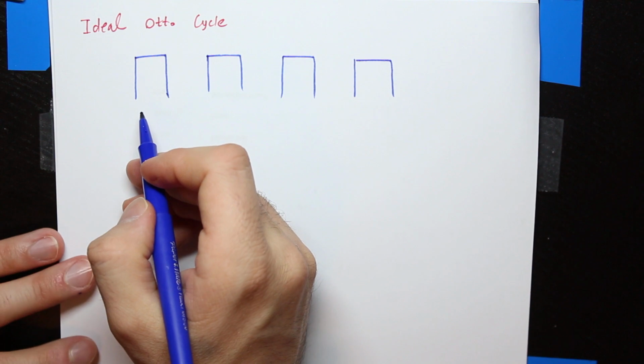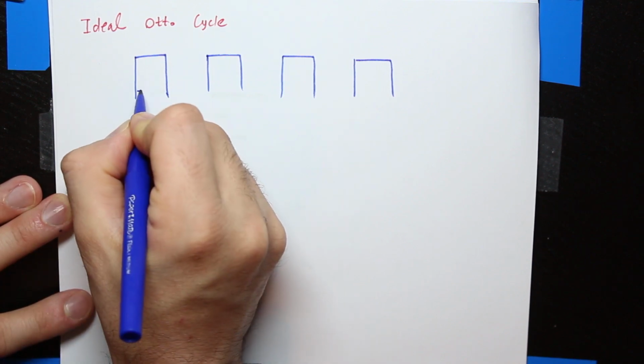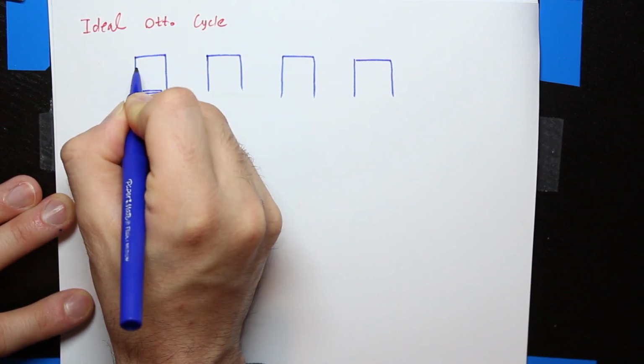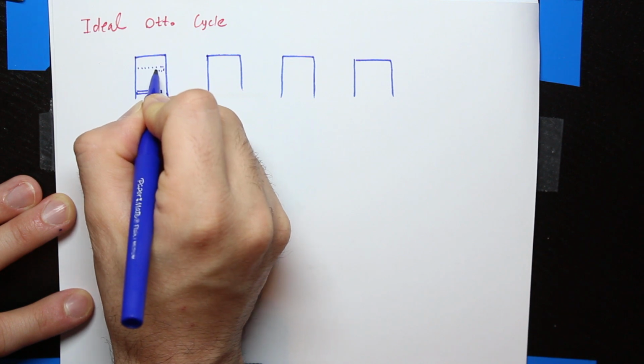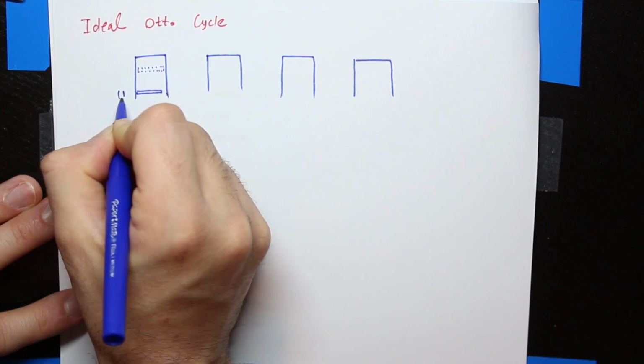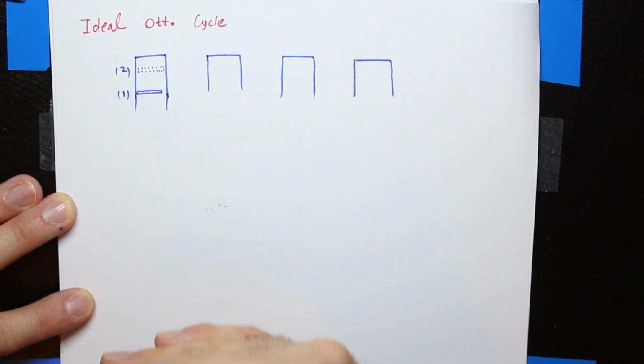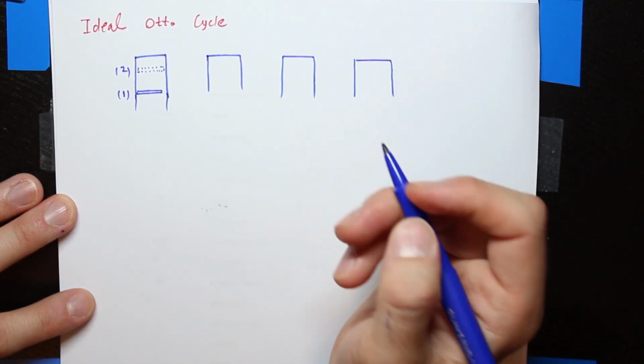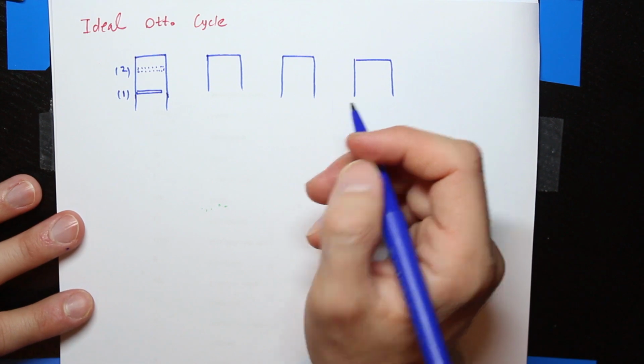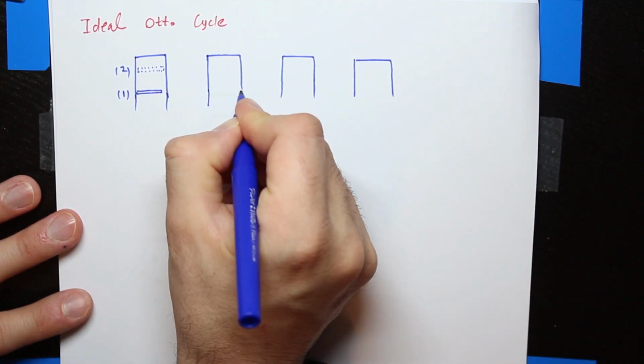In the first schematic, the piston is going from state 1 to state 2. That means we have our compression from 1 to 2. The piston is compressing the mixture of air and fuel, so obviously the pressure increases.